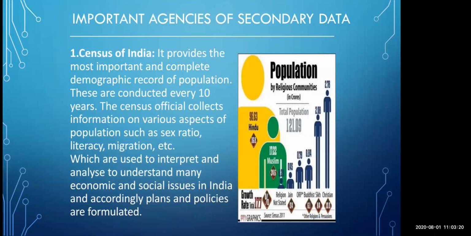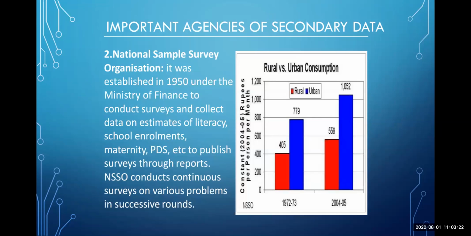Another one is the National Sample Survey Organization, that is NSSO. This was established in 1950 under the Ministry of Finance to conduct surveys and collect data on estimates of literacy ratio, school enrollments, maternity or PDS. So all these data are collected through NSSO.